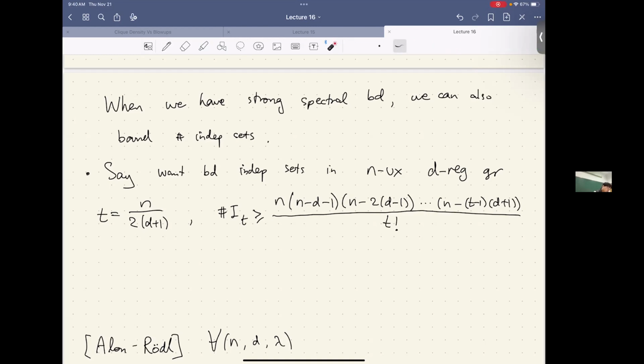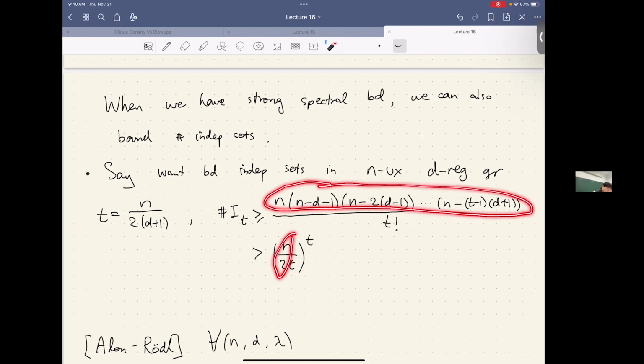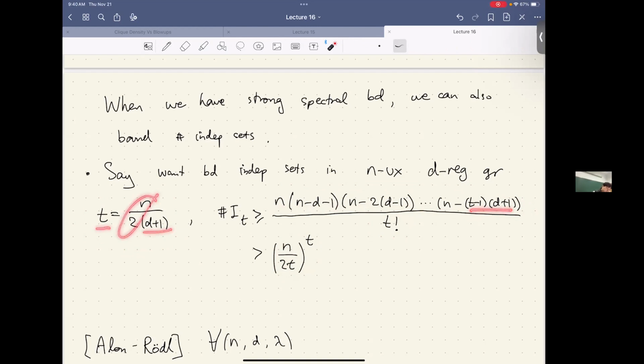This number, by our choice of T, is at least (n over 2T) to the T, since T to the T is just T factorial, and every one of these factors is bigger than n over 2. In particular, n over 2T is roughly d, so it's (d plus 1) to the T.